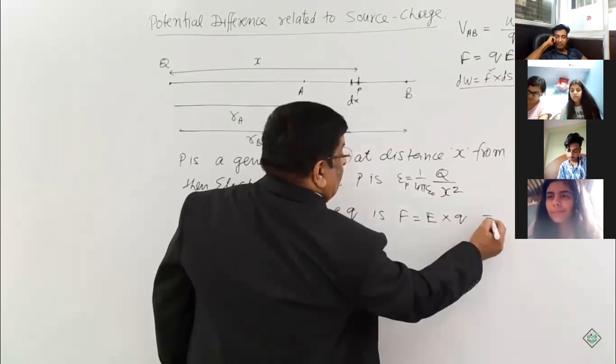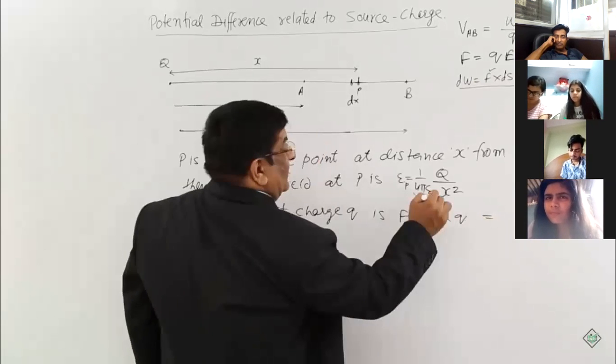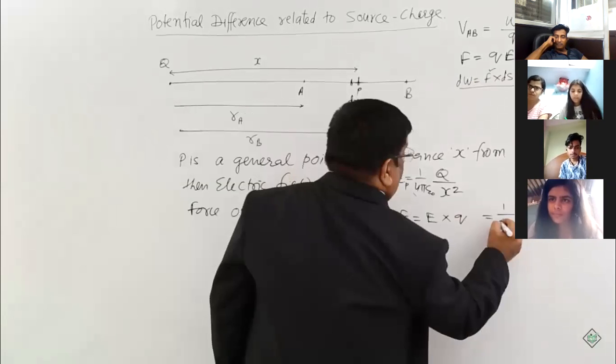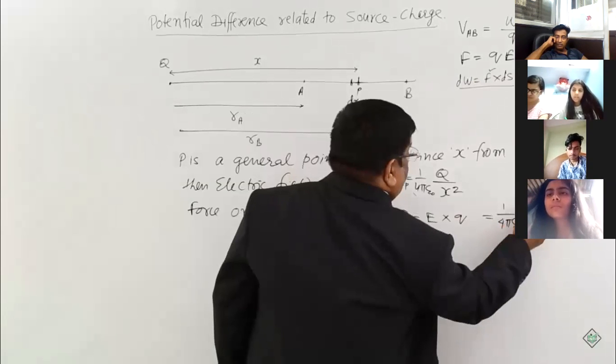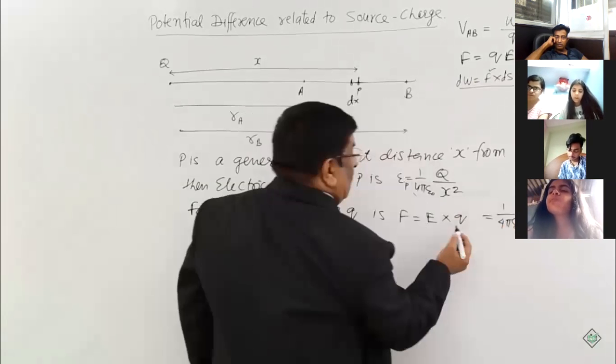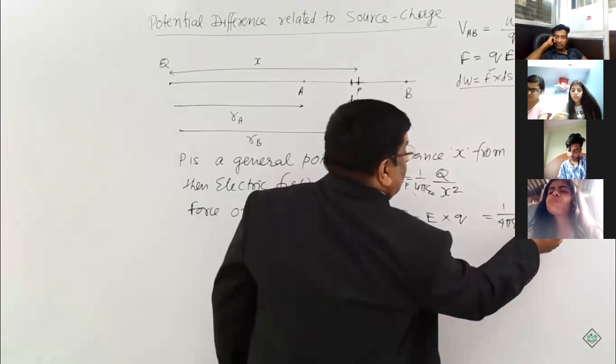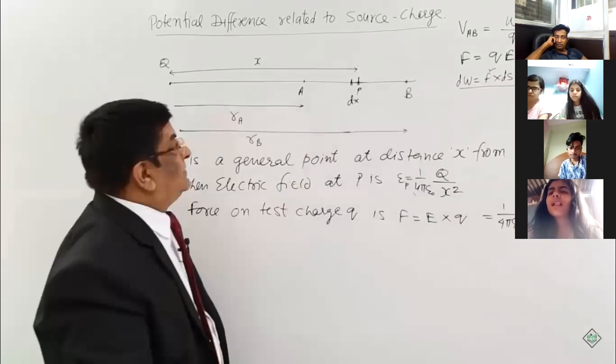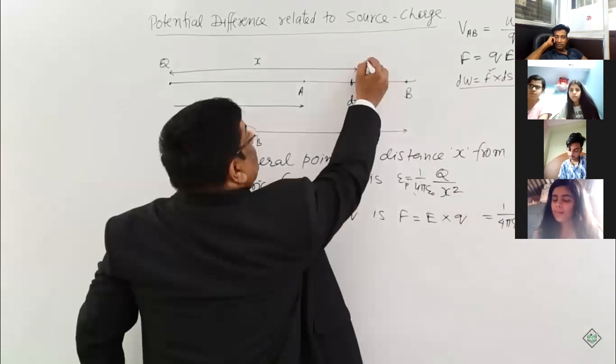And what is electric field? This is electric field, 1 upon 4 pi epsilon naught Q upon x square, multiplied by this charge q. This is the force acting on the charge q which I place here.